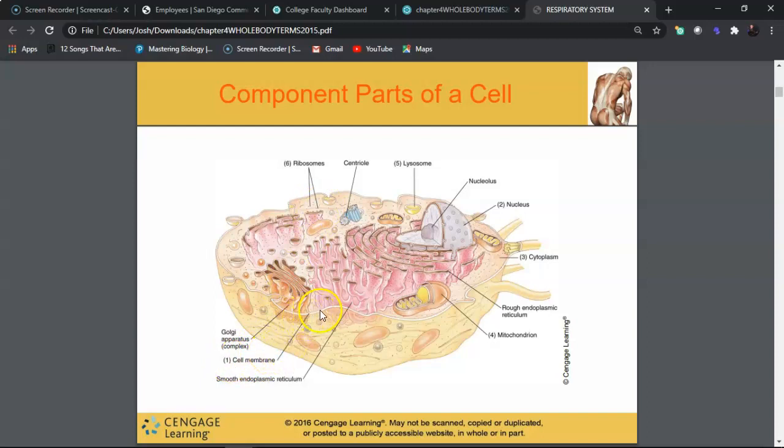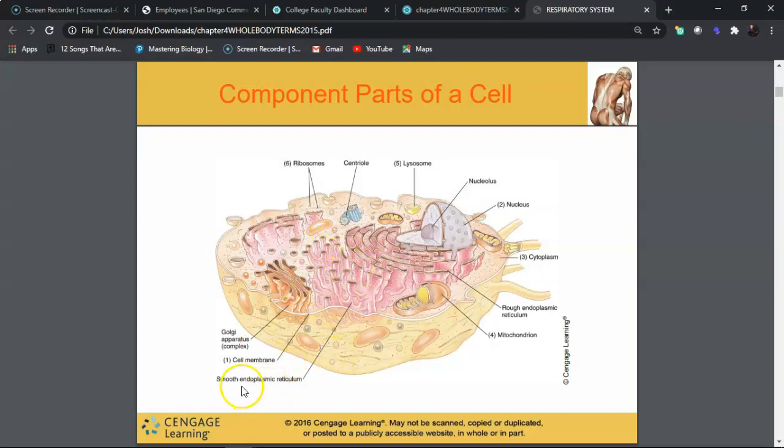Number 1 is the cell membrane, which encompasses all of these organelles as well as the gel-like substance called cytoplasm. There has to be an environment for these organelles to be suspended within, and the cytoplasm helps provide nutrients and gives some stability to these organelles.